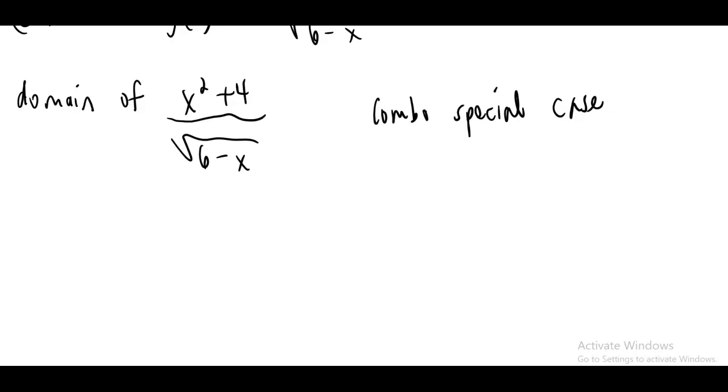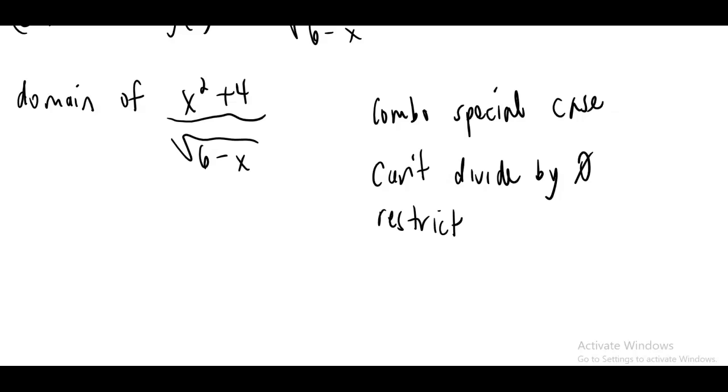So the numerator is x squared plus 4. Nothing is excluded from that. Now we need to focus on our denominator. Our denominator has a radical and it has a variable. We know we cannot divide by 0, and we want to restrict the things underneath the radical to positives.